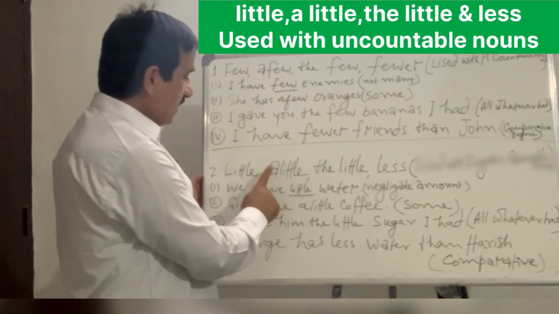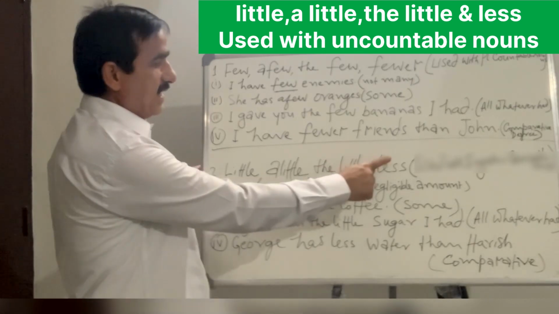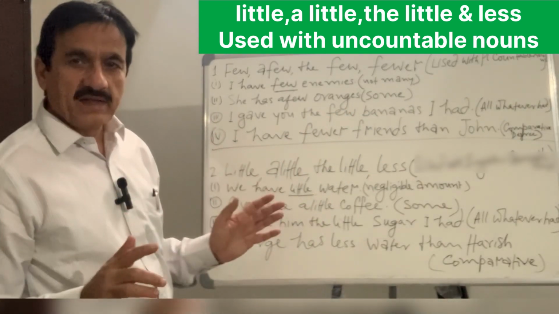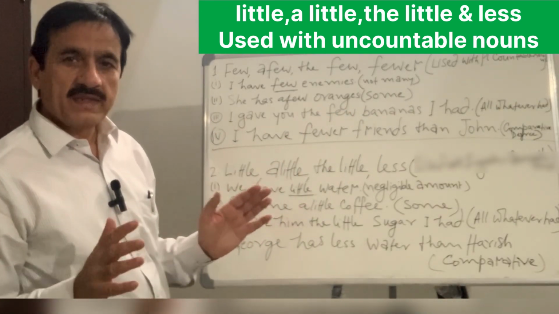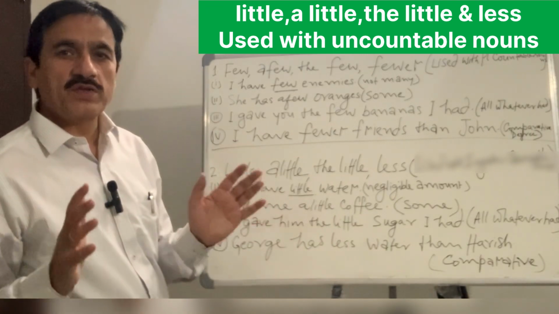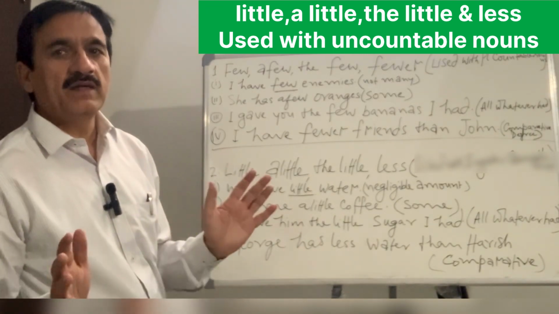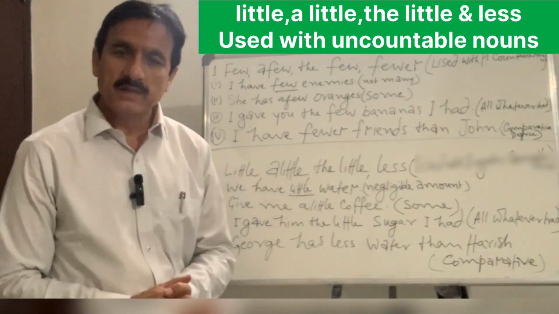All these, little, a little, the little, less, are used with singular uncountable nouns. This must be very clear to all of you.